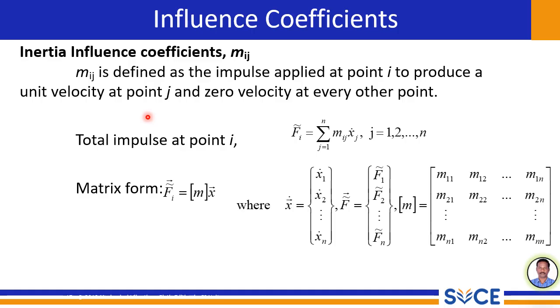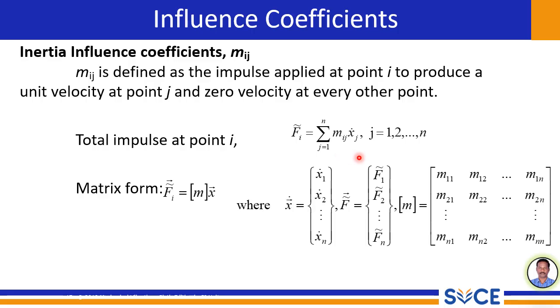If we have velocities at various points in the system, say x1 dot, that means velocity, x2 dot, that also is velocity, then the total impulse at any point i, represented as f suffix i, is the summation of the impulses caused by each of these velocities.